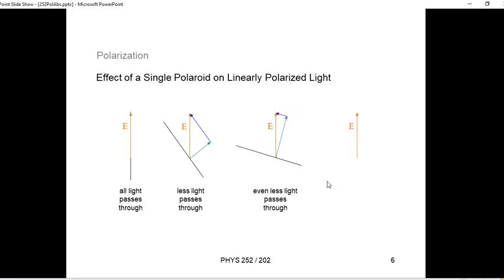And if we get to this case, where the electric field is perpendicular to the transmission axis of the polarizer, then theoretically no light should get through. But again, a little bit's going to get through because the absorption process is not 100% efficient.